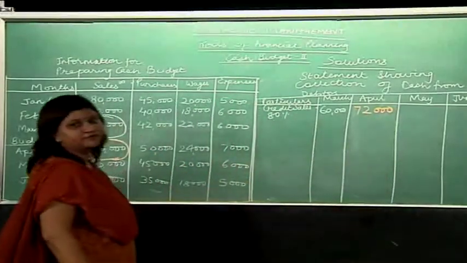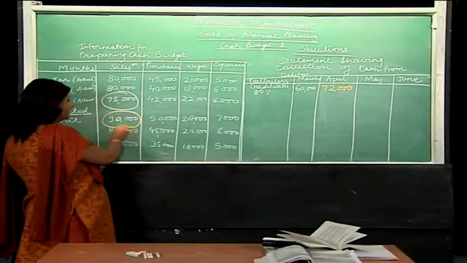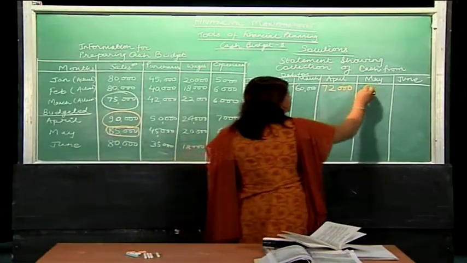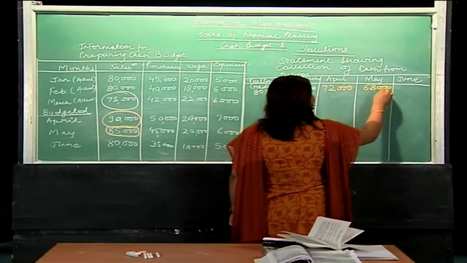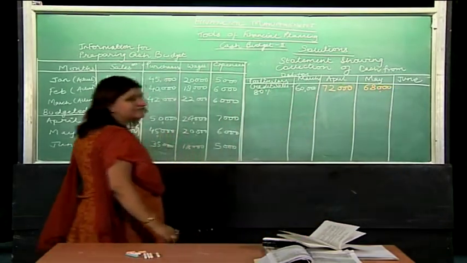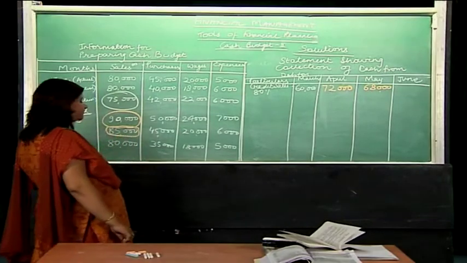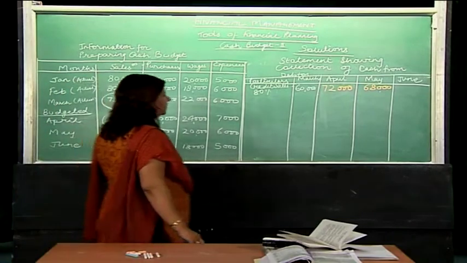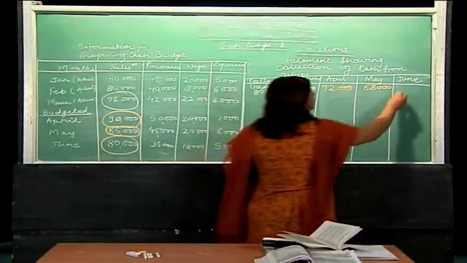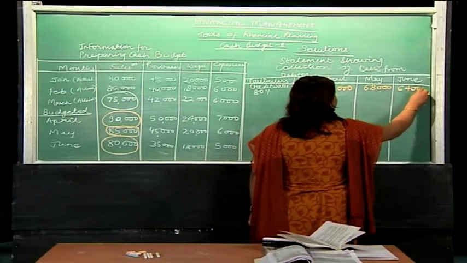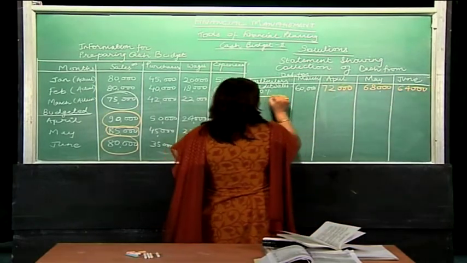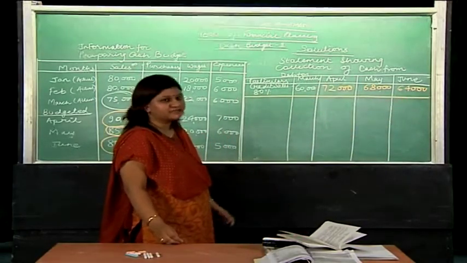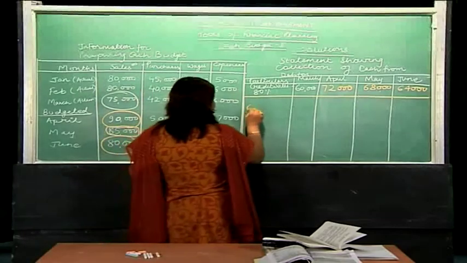And again for the month of May, that is 85,000, it shall come as 68,000, because it is 80% of 85,000. Now for the month of June, it is 80,000, so 80% of 80,000 shall constitute 64,000. This was the information relevant for getting the cash collected from the debtors. Now let's see the collection.